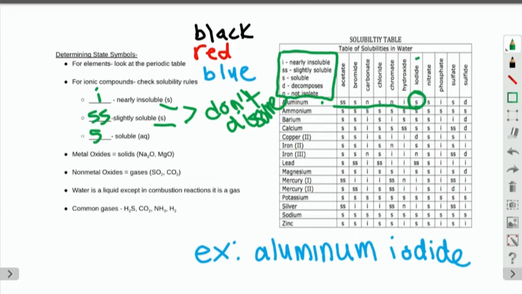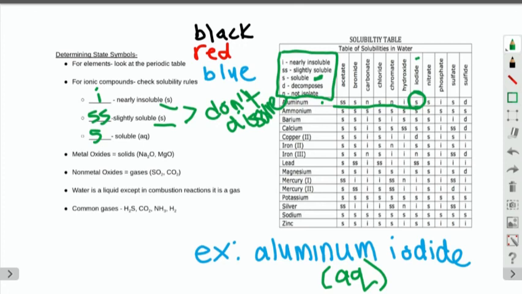It says it is S, which means soluble. And when something is soluble, its state symbol will be aqueous. And that is how you figure out for ionic compounds whether it is a solid or if it is aqueous. And we will do more examples, and you can ask questions if you don't understand how to use this table.